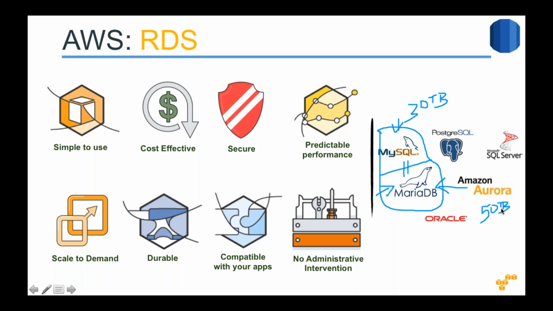You will see that when you start using Aurora DB. There was an Amazon conference a couple of days back, which I keep repeating, because I learned a few things there. One of them is that Amazon Aurora is the fastest growing service in AWS in their history. They have been in the cloud market for almost 11 years now, and S3 was their fastest growing service once upon a time.